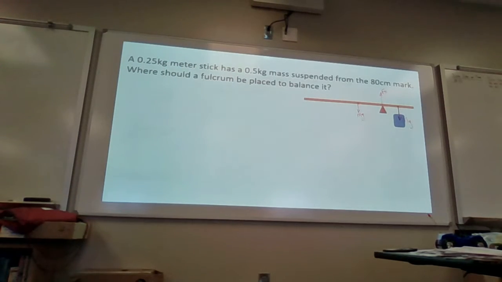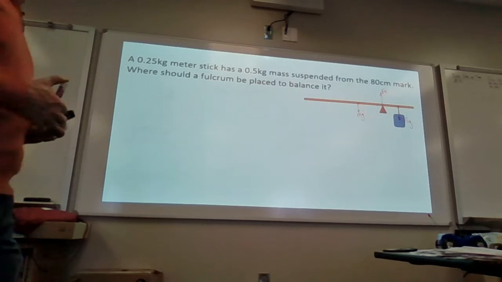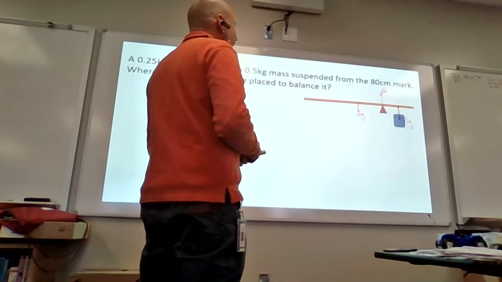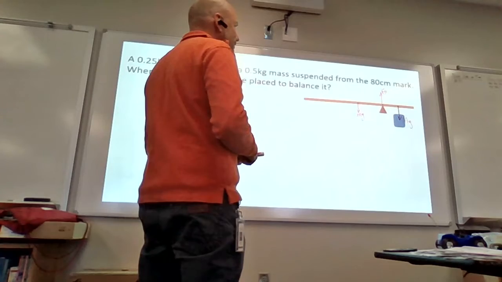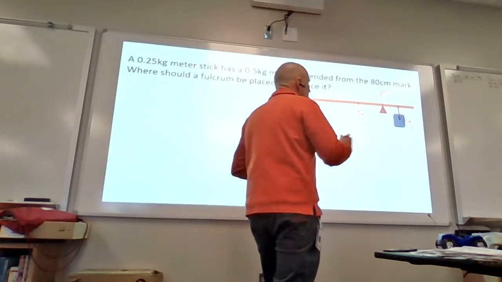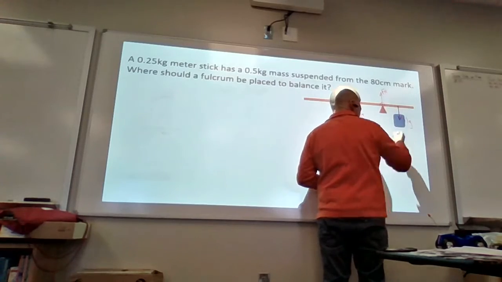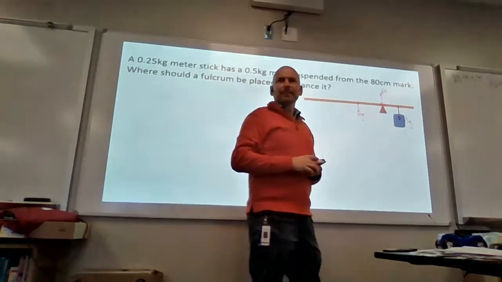We can pick anywhere along here to be our axis of rotation. I pick the far end of the object. Probably the place that most of you would pick would be here, the place where the pivot is.